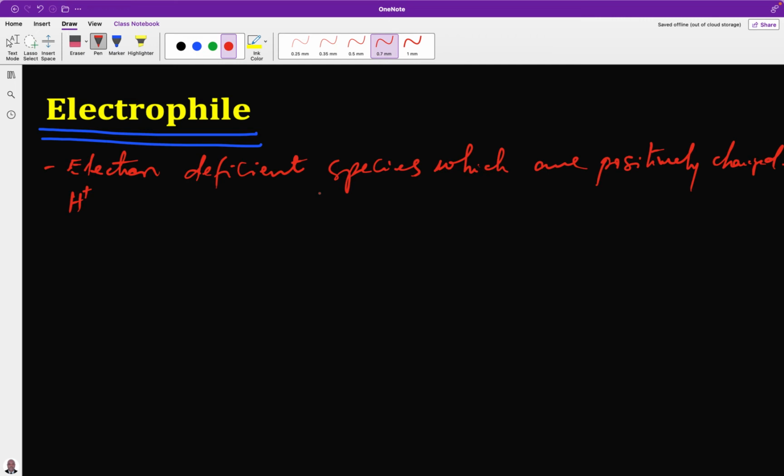So for that reason, we have things like the proton. This is a carbocation, which we just talked of. We have things like NO2 plus, the nitronium ion, and many others.